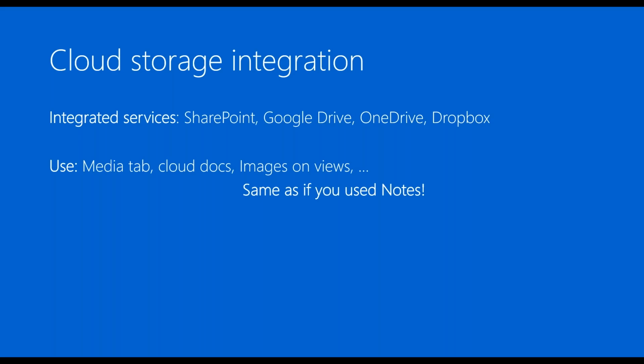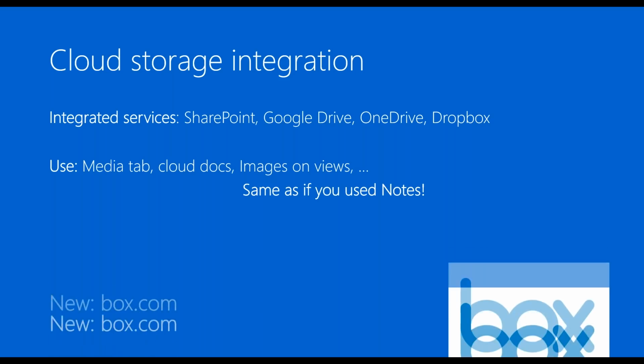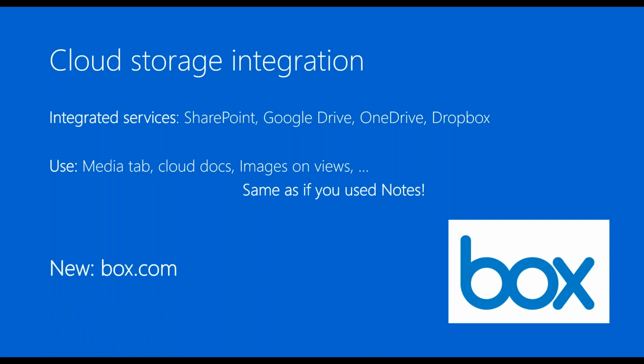So you can use media tabs, cloud documents list, images on views with all of those cloud storage services. And now we are adding box.com, or Box cloud service, to be used with Resco as well.